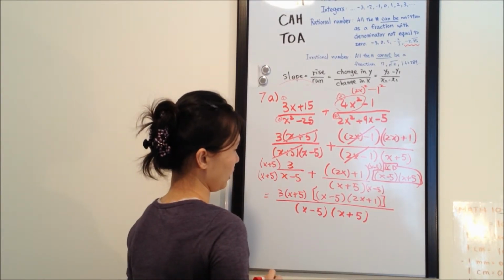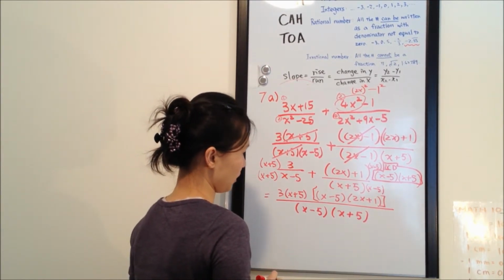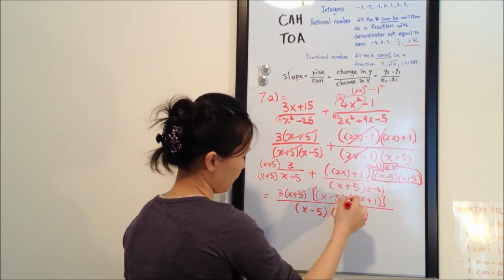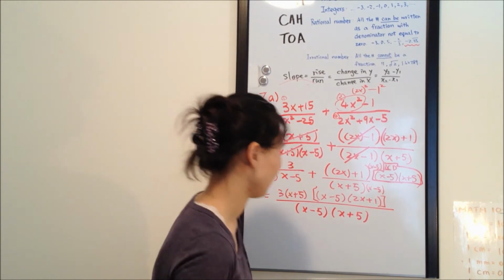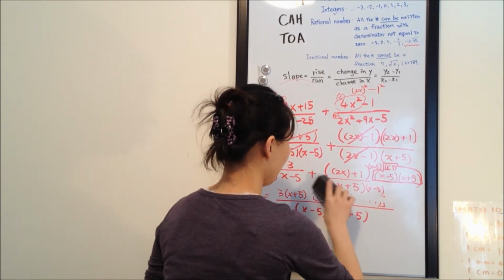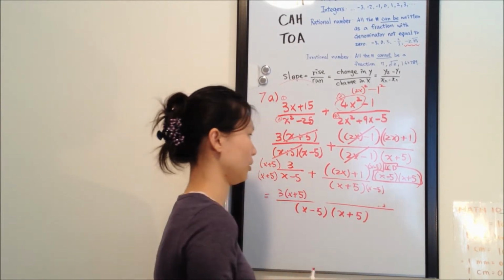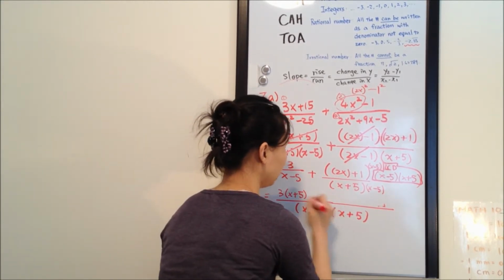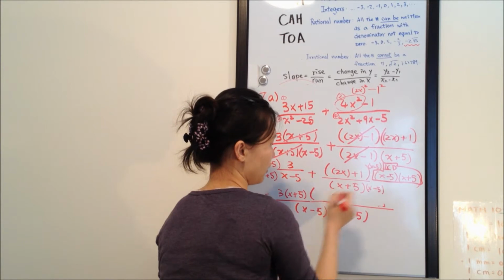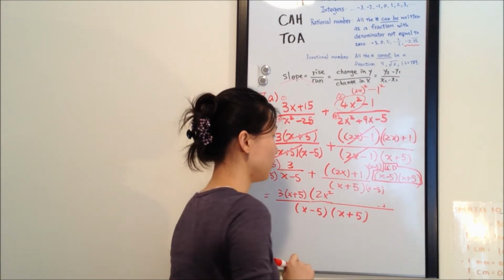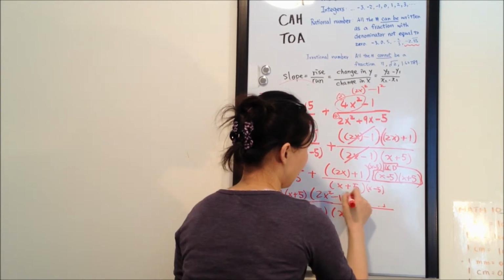Alright. And what do we do next? We need to times them together. So now I can use my mental math and let's do it together. 2x times x equals 2x squared. 2x times negative 5 equals negative 10x.